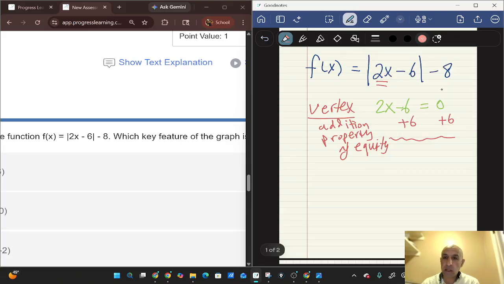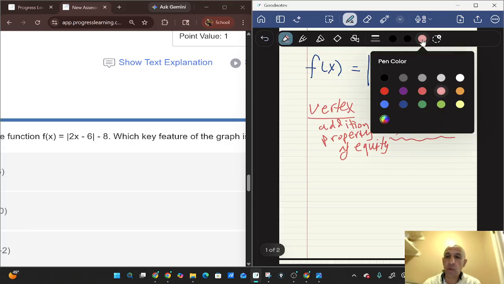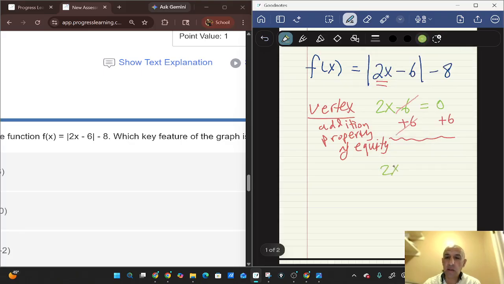So we can here cancel the 6 with the 6 because 6 minus 6 is 0. So we end up now with 2x. We take the 2x down equal. Okay, now 0 plus 6 equals 6.